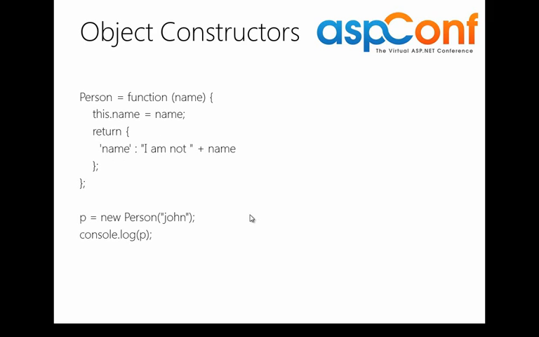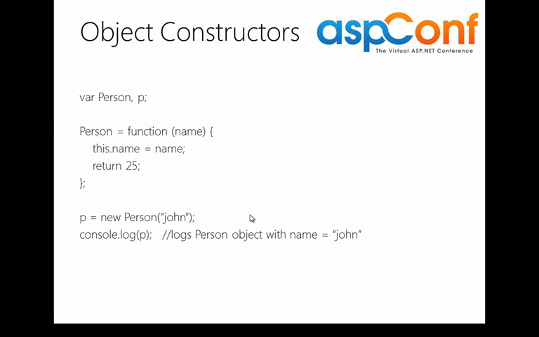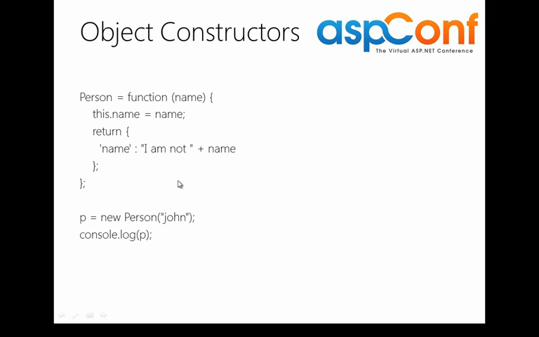However, instead of returning 25 as we did here, if we return something like this, where we're saying this.name equals name, and we return an anonymous object where name is "I am not" plus name, what's going to happen? We do p equals new Person John, so John comes over here, this.name equals John, and we're returning name "I am not" plus name.